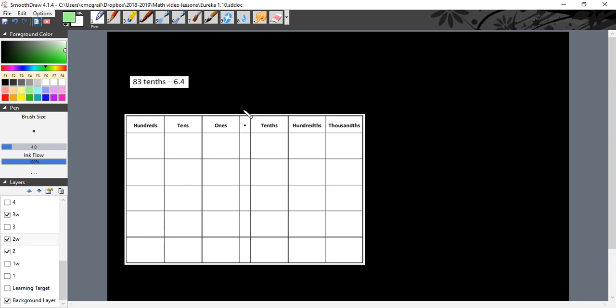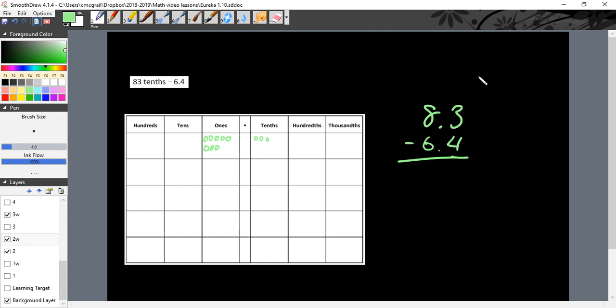Okay, so I remember from all of the work that we've done that 83 tenths is written this way, 8 and 3 tenths. And I don't want to write 83 tenths here, so I would bundle 80 of them and move them into 8 ones. So I have 1, 2, 3, 4, 5, 6, 7, 8. 8 ones and 3 tenths. 1, 2, 3.